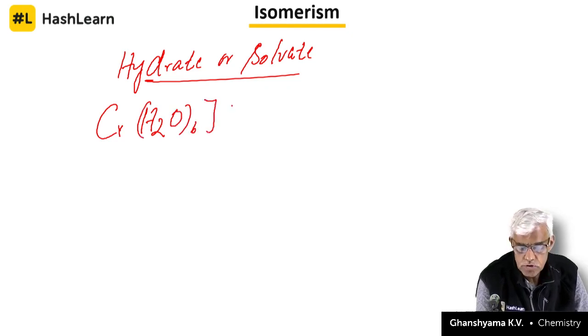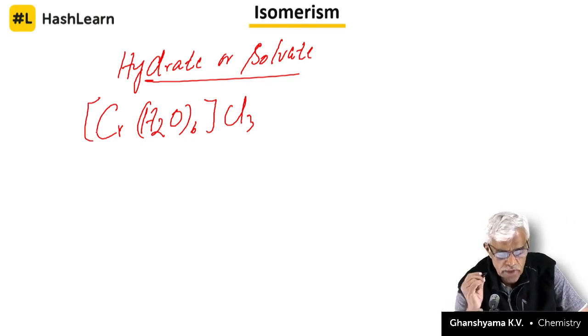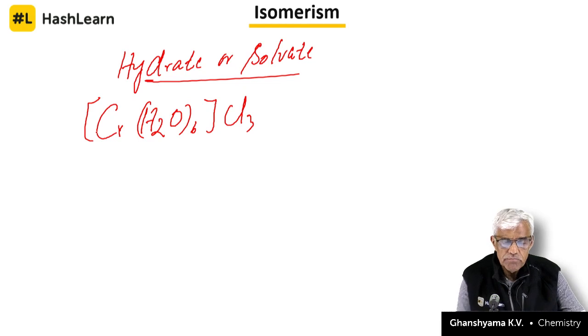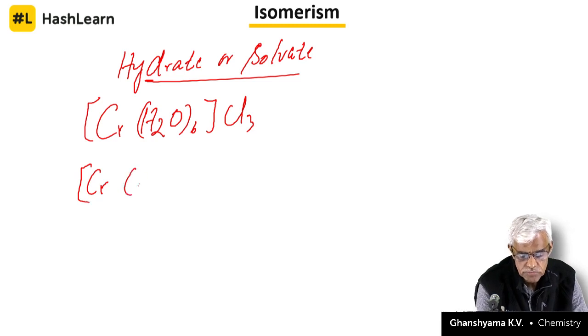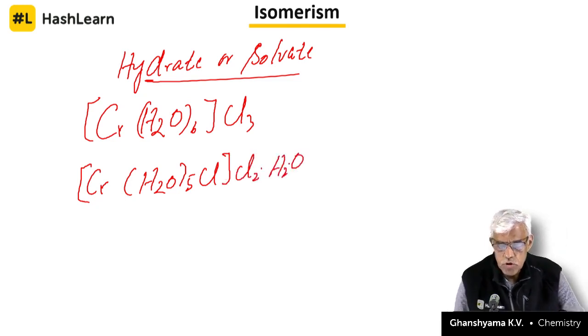[Cr(H2O)6]Cl3. The name of this compound is hexaaqua chromium(III) chloride. This will exhibit hydrate or solvate isomerism. The second structure possible is [Cr(H2O)5Cl]Cl2·H2O.